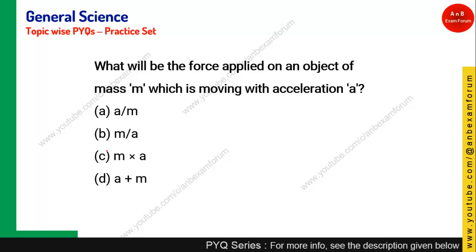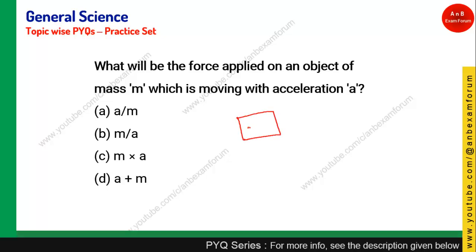What will be the force applied on an object of mass m moving with acceleration a? There is an object of mass m, and with some force it is moving with an acceleration a. You need to tell what the force applied will be. It is basically Newton's second law, which says that F is equal to ma: mass into acceleration is equal to force.